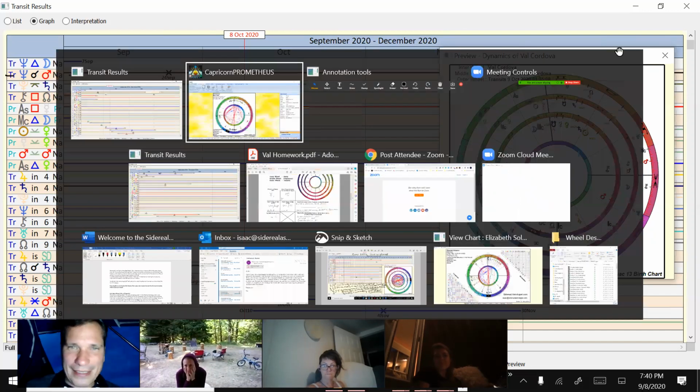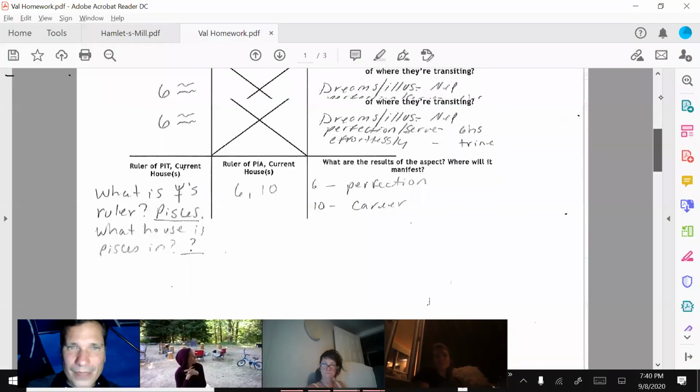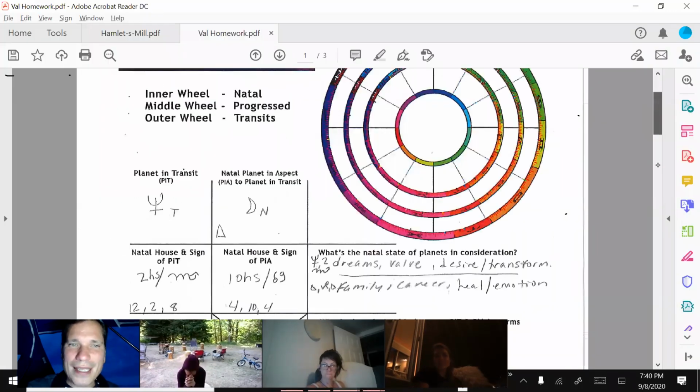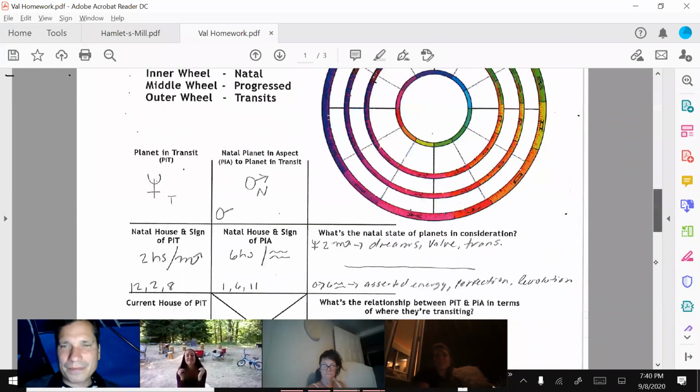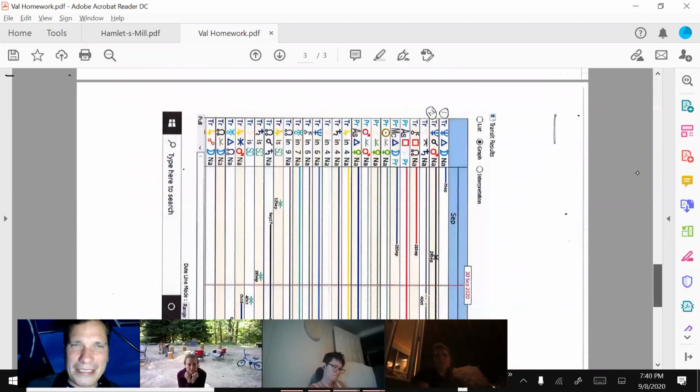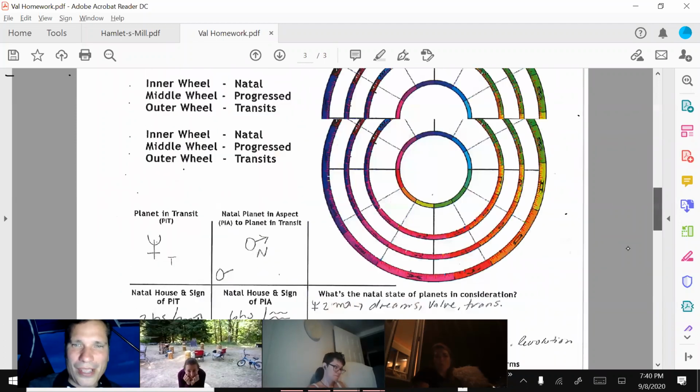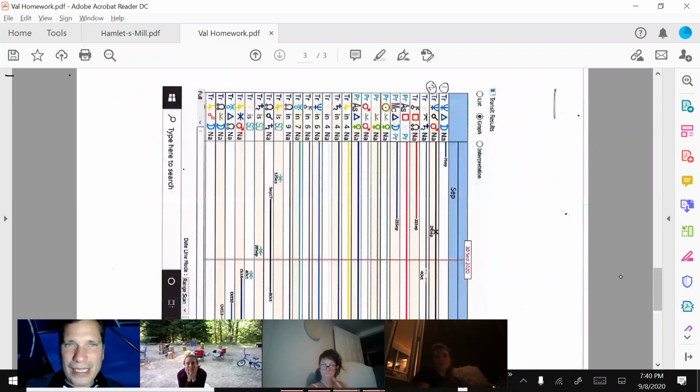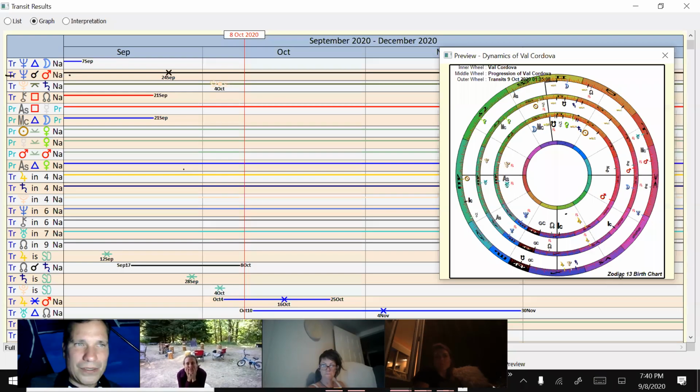Like what Val did, page 1 is one transit, page 2 is another transit, and then you just do a bunch of them until you have a book, and you create a little story, as we saw with Val.